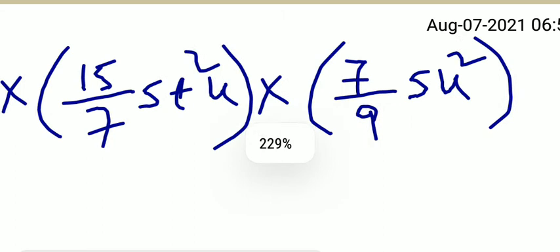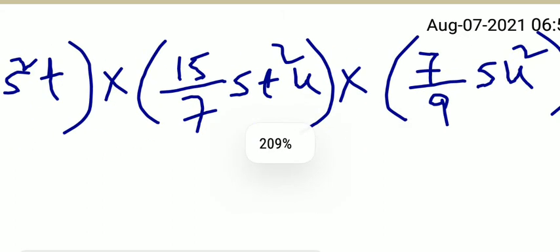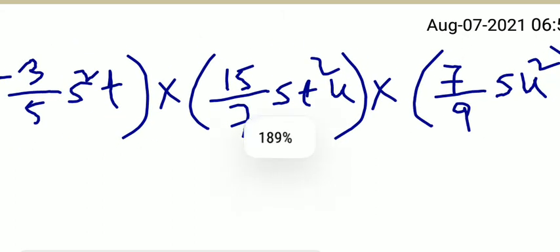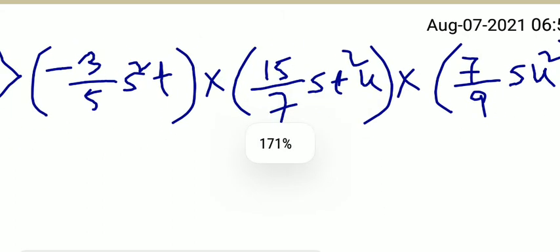First of all you have to copy the question carefully. Minus 3 by 5 s square t into 15 by 7 s t square u into 7 by 9 s u square. Now give an equal sign.